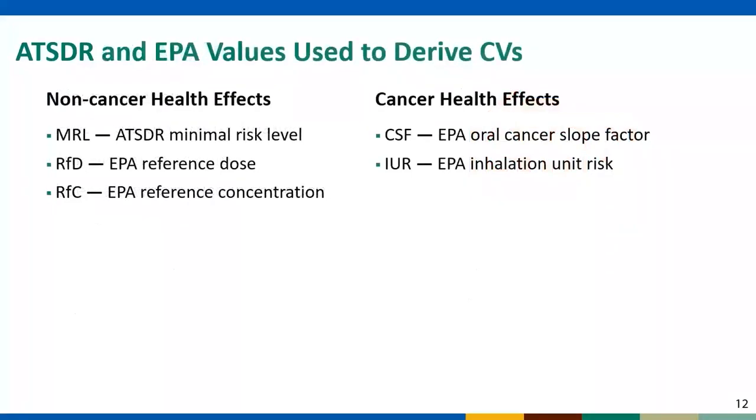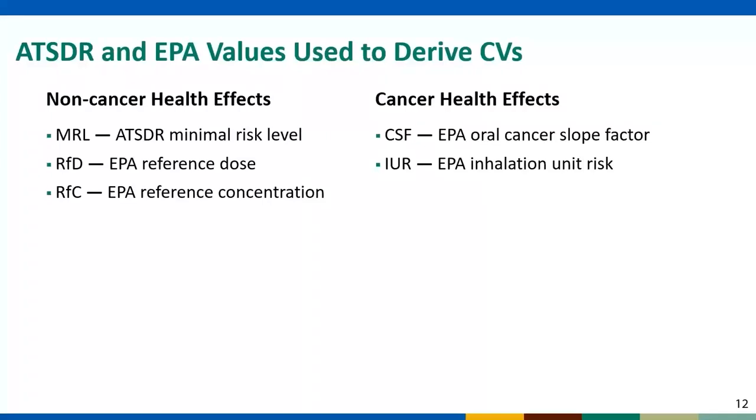So where do our CVs come from? Well, they're derived from ATSDR and Environmental Protection Agency, EPA, non-cancer health guideline values, and EPA cancer risk values. For non-cancer health effects, we have ATSDR's minimal risk level, or MRL.